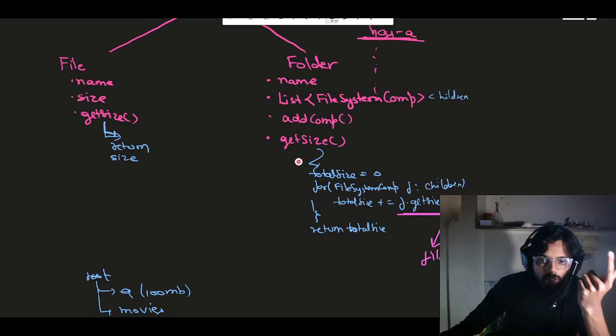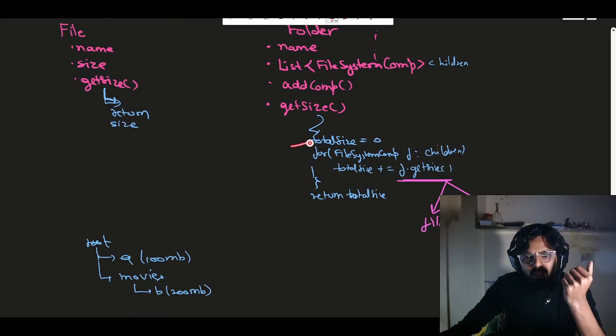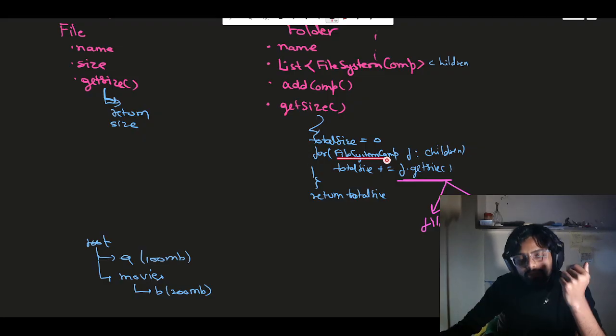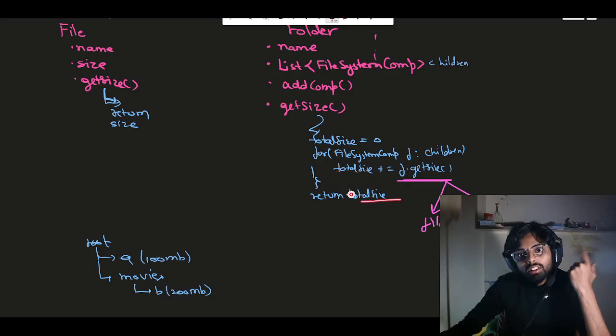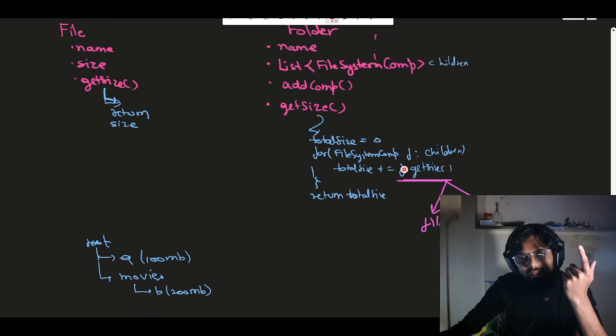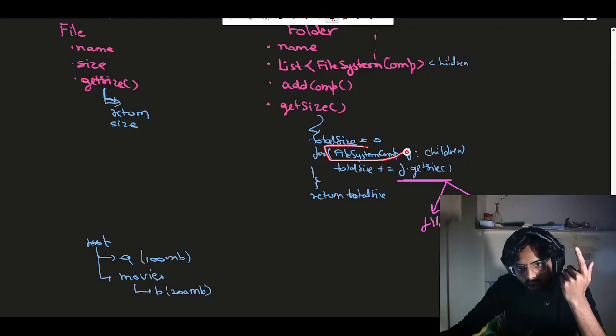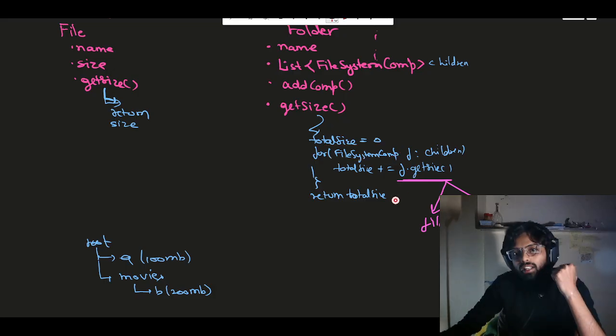Let's understand how. I will initialize the total size equal to 0, loop through the file components, and add to the total size f.getSize, and return the total size. But you will ask, when this is a file system component, how will it get the size?